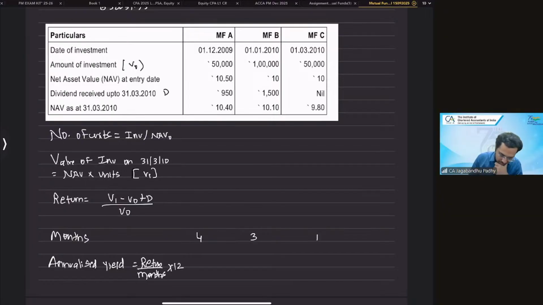First up, the number of units will be amount of investment divided by NAV. 4761.9. Then it is 10,000. Then it is 5,000.